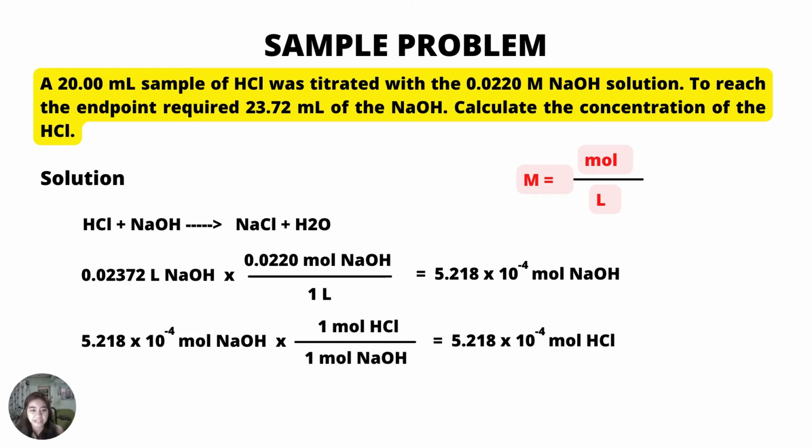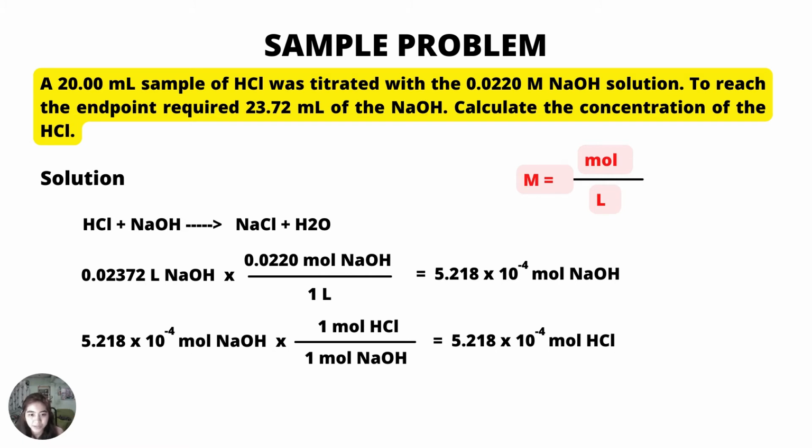So we have here 5.218 times 10 to the power of negative 4 moles of sodium hydroxide multiplied by 1 mole of hydrochloric acid over 1 mole of sodium hydroxide. The 1 mole of sodium hydroxide is put lower so that we can cancel it out with the earlier answer that we got.